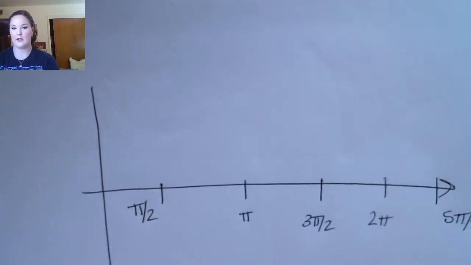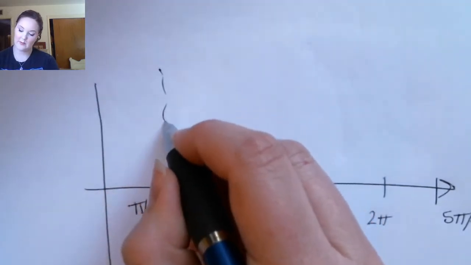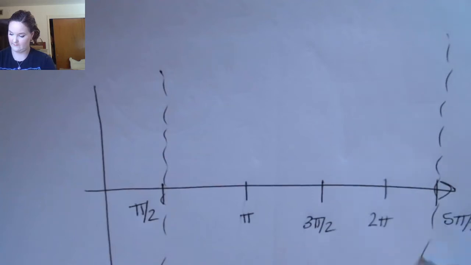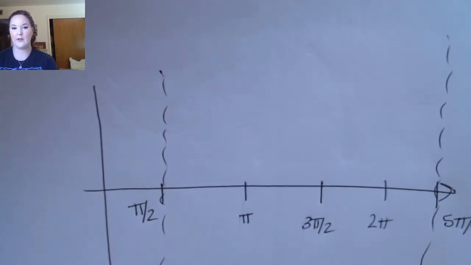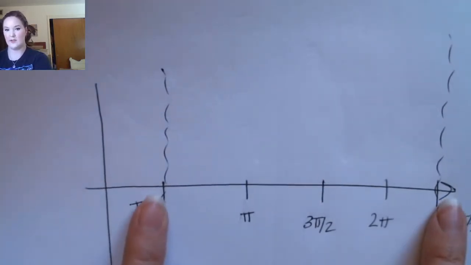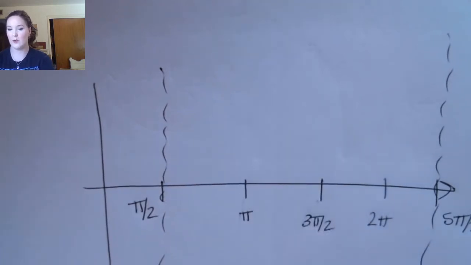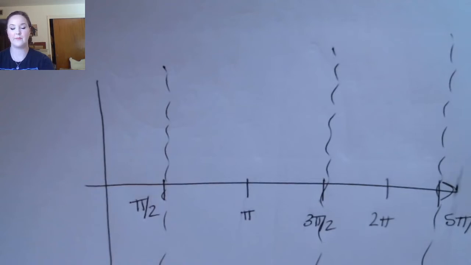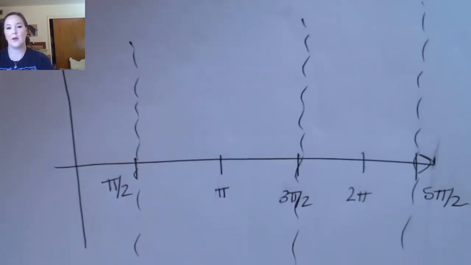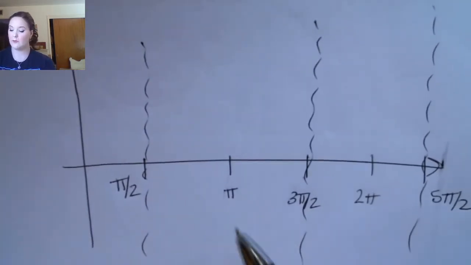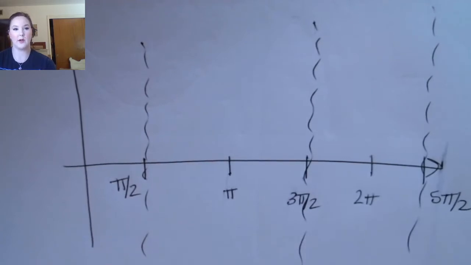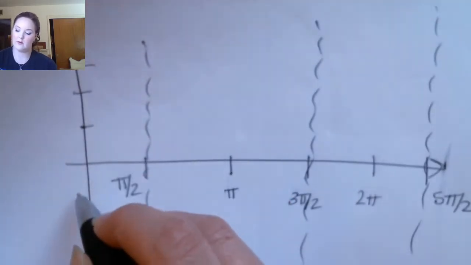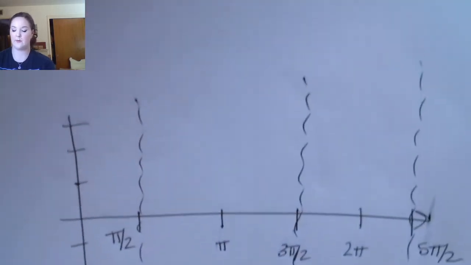Okay, now remember at the start and end point is where our vertical asymptotes are. And our other vertical asymptote is right in the center. So you guys can see visually that 3 pi over 2 is right in the center of these. And we actually don't need to split up the interval because we already have these marks where our key points should be. Okay, so we're going to look at our y transformations.